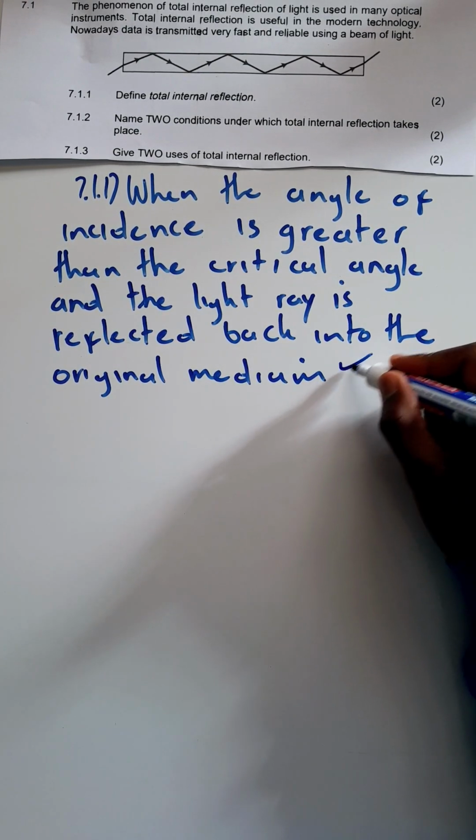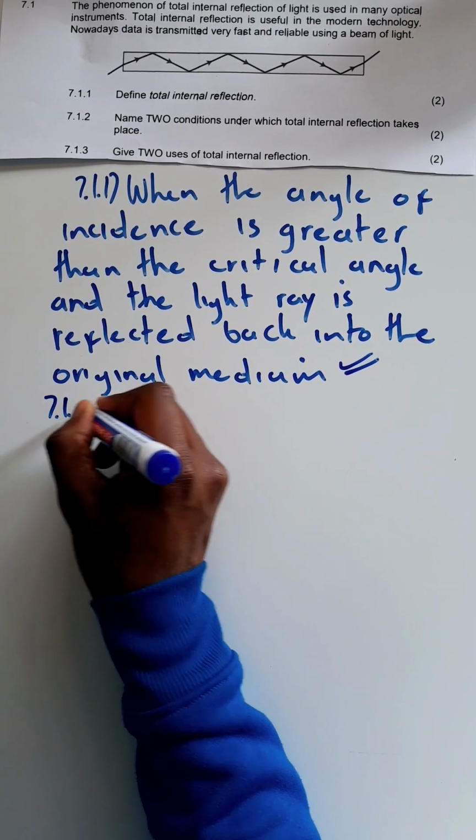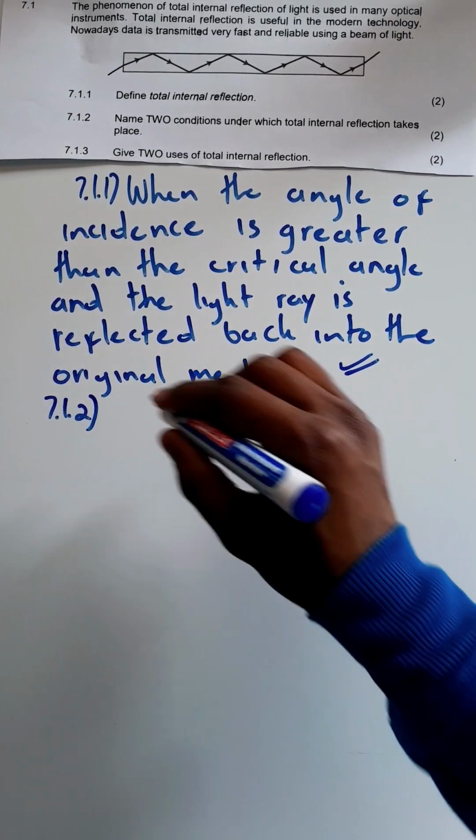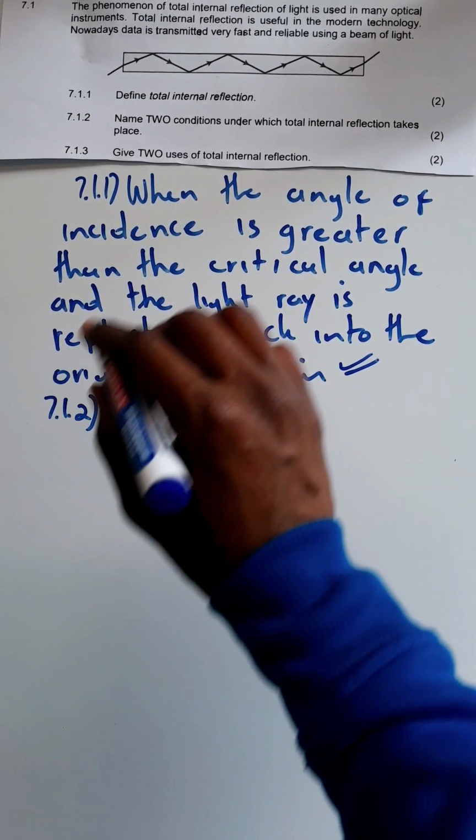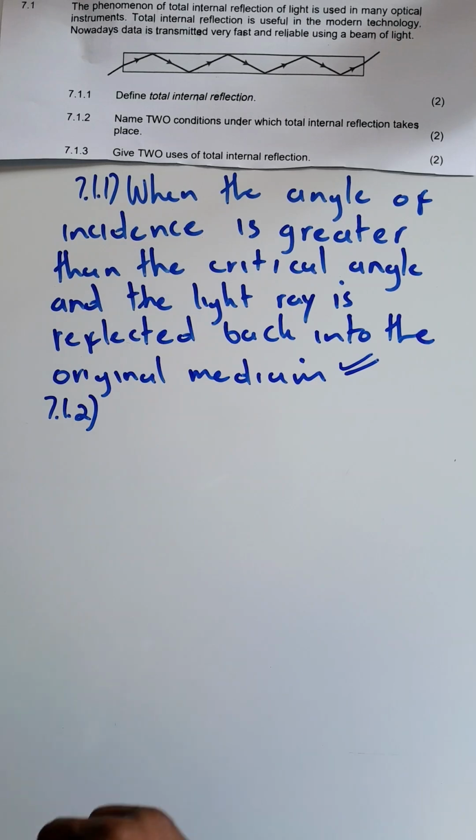7.1.2, 2 marks if you got that. 7.1.2 says name two conditions under which total internal reflection takes place.